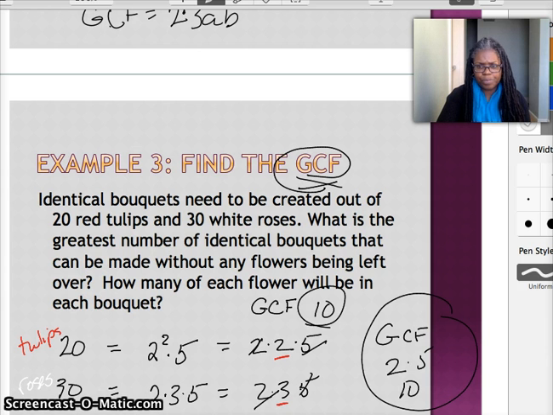And so what we're thinking about is if I took 20 tulips and I divided it by 10, I would have 2 for each bouquet. If I took 30 roses and divided it by 10, I'd have 3 for each bouquet. So how many of each flower will be in each bouquet? Of the tulips, we'd have 2, and of the roses, we'd have 3.